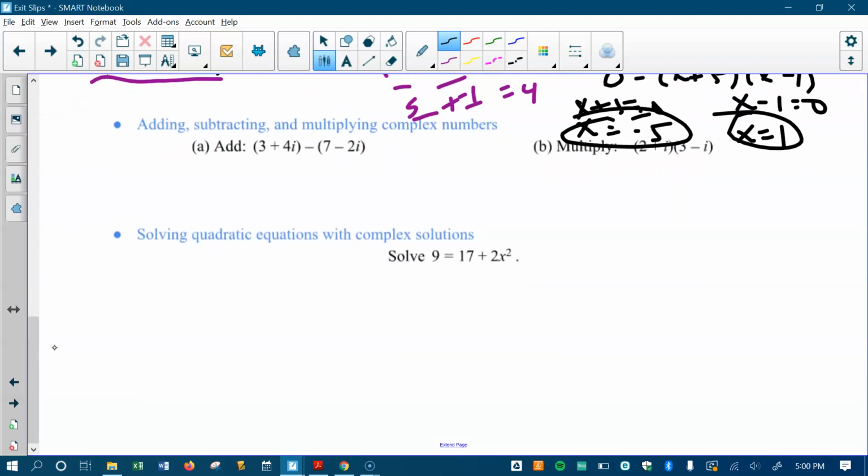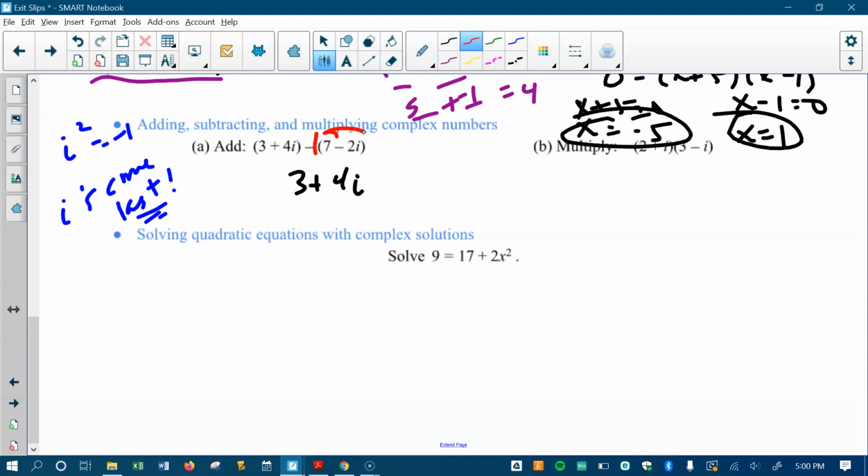Okay, for adding and subtracting and multiplying, I want to make sure that you're just aware that i squared equals negative 1, and i's come last. So let's add them up, or subtract these first. I get 3 plus 4i, and then again, a lot of students can pretend that there's a minus 1 here and it has to distribute to both parts.